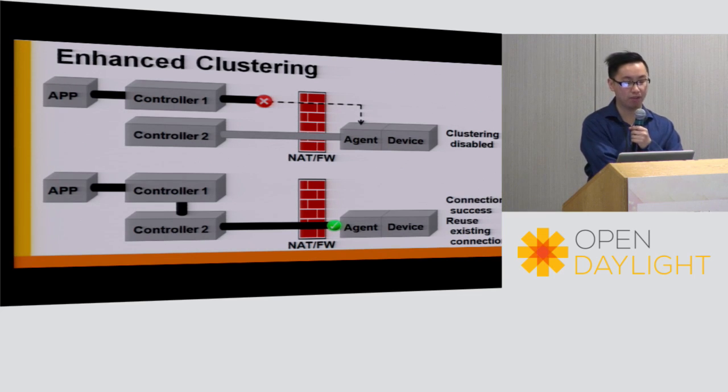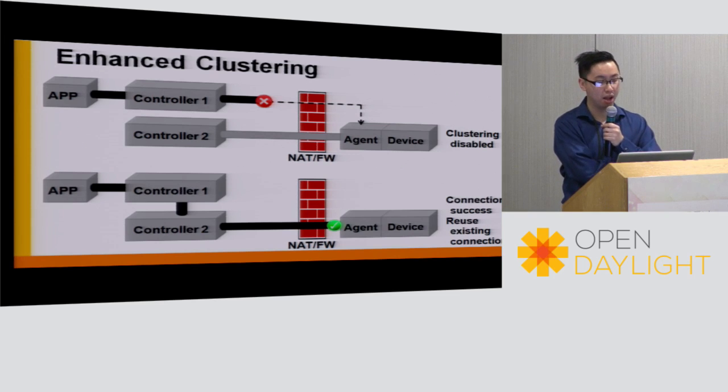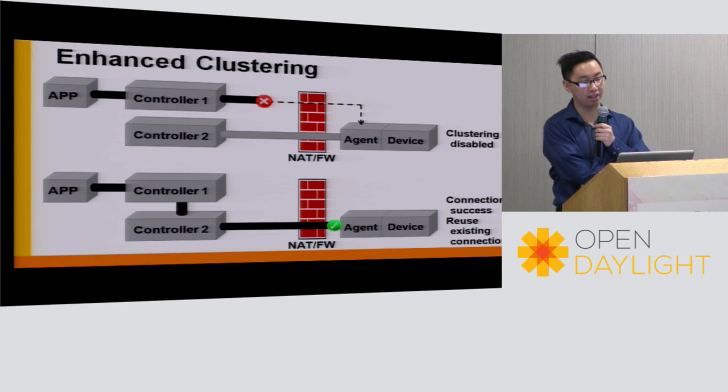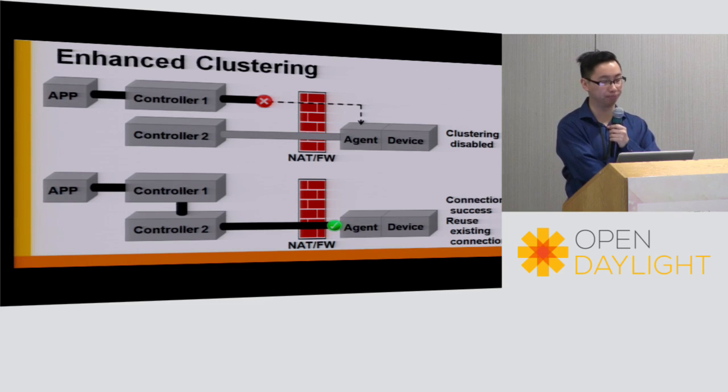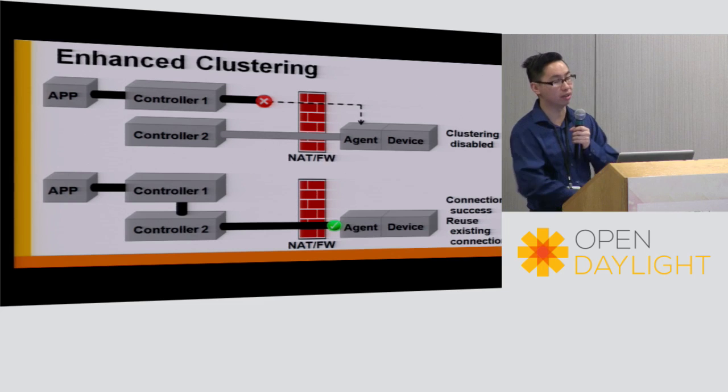With USC, however, we actually do southbound clustering such that when you send the configuration to controller 1, it will know to reroute that to controller 2 because controller 2 already has an existing channel to that device through the NAT or firewall. So then this connection becomes successful and we can reuse the existing connection.